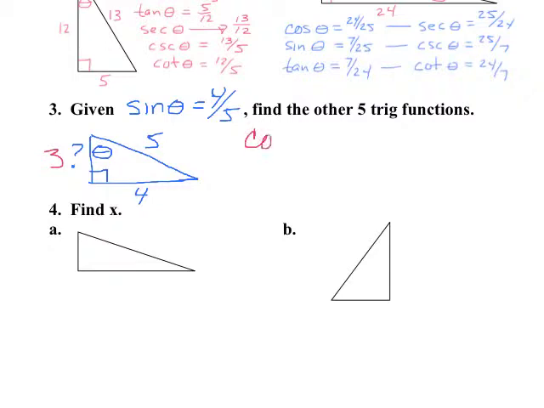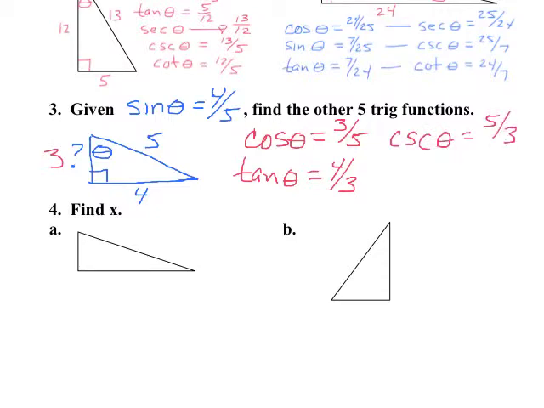We can come up with cosine of theta, tangent of theta. So let's start with cosine of theta. That would be 3/5. Tangent would be opposite over adjacent, so that would be 4/3. Cosecant of theta would be 5/3.